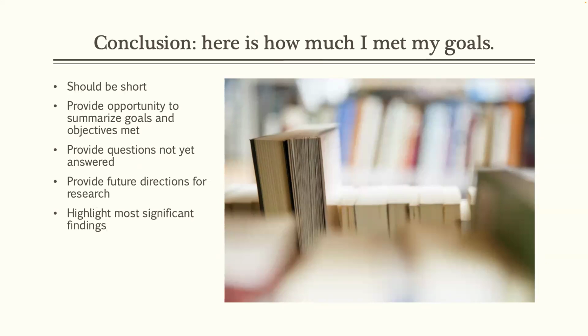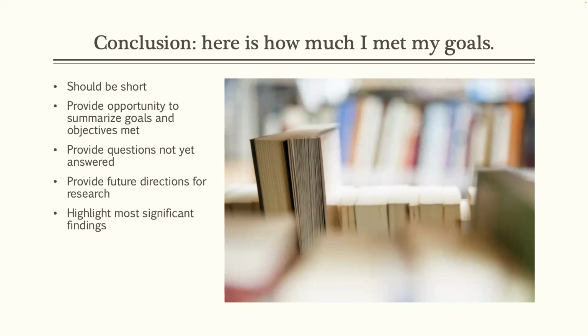Conclusions: short, provide opportunities to summarize goals and the objectives that you have met, provide questions that you have not yet answered for future research, provide future directions of research, and then also provide... Sometimes we write solutions for government and other people inside our discussion.